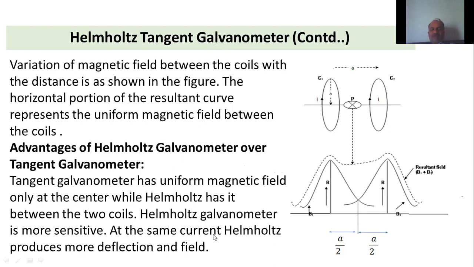At the same current, the current in Helmholtz produces more deflection and magnetic field. Therefore, the Helmholtz tangent galvanometer, which uses the two coils, is more sensitive and produces more deflection for the flow of very small current.